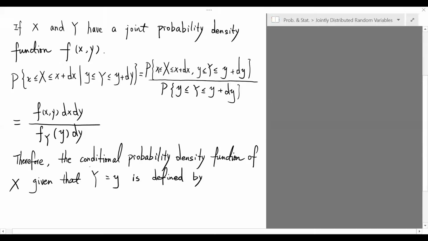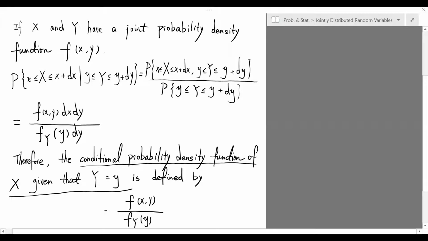Therefore, the conditional probability density of x given y is defined by simply f of x comma y divided by f sub capital Y of y. And we're going to denote this function as f sub x on y of x on y.